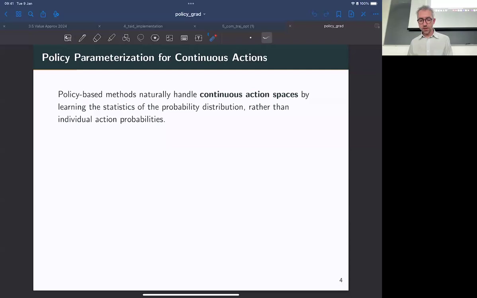Also, in general, policy gradient methods rely on stochastic policies. So even if in the end what you want to learn is a deterministic policy, during training you let your policy be stochastic, which helps in many aspects.